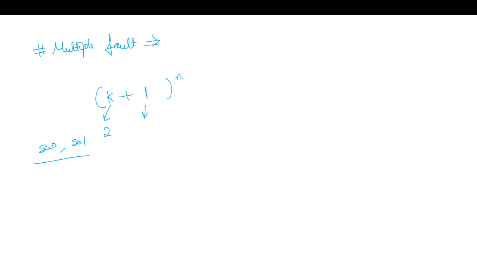Let's just discuss the number of multiple faults also. So we said stuck at 0 or stuck at 1, so a node can have either stuck at 0 or stuck at 1. So it is 2 plus 1 to indicate that in the n nodes a node can even be fault free. But in this combination there will be one circuit which will be completely fault free.